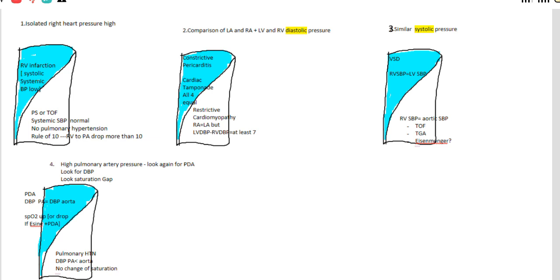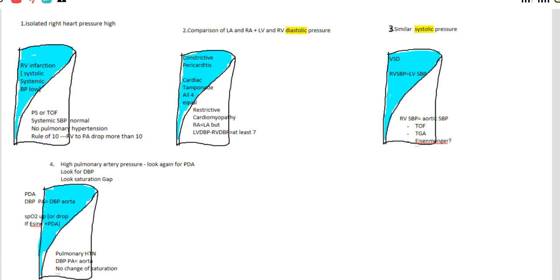And another one with the isolated right side elevated blood pressure, that is with the pulmonary stenosis. With the pulmonary stenosis, there is usually no pulmonary hypertension, and also in the tetralogy of Fallot there is a pulmonary stenosis, because in the tetralogy of Fallot there are four components: overriding aorta, right ventricular hypertrophy, pulmonary stenosis and VSD.